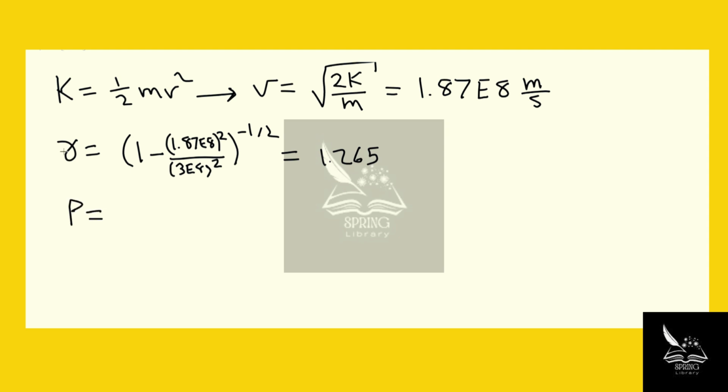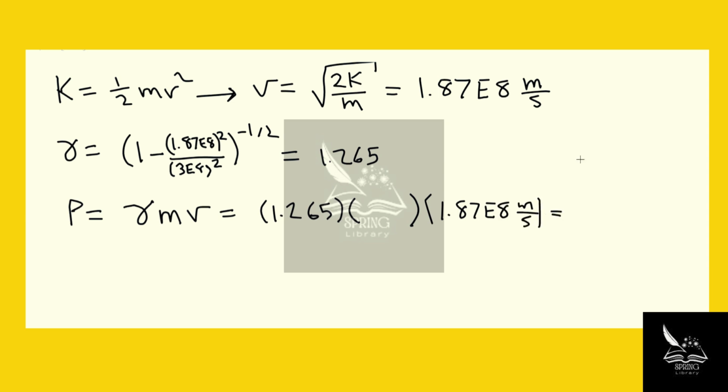Recall the relativistic momentum of a particle is gamma mv. So we can take all of our results and combine them. We'll use the mass of the electron and the velocity, 1.87 e to the 8 meters per second. And this will give us a result of 2.11 e to the negative 22 kilogram meters per second.